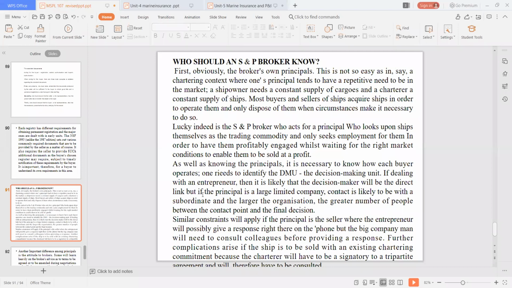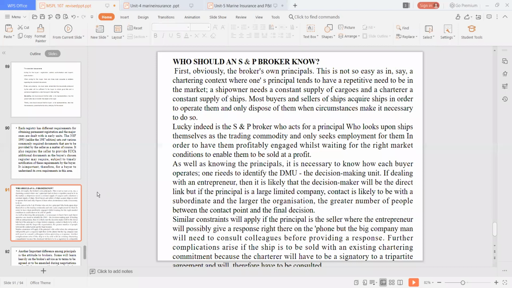But if the principal is a large limited company, contact is likely to be with a subordinate, and the larger the organization, the greater the number of people between the contact point and the final decision. Similar constraints will apply if the principal is a seller. The entrepreneur will possibly give a response right there on the phone, but in a company the manager will consult colleagues before providing a response. So these are the things.